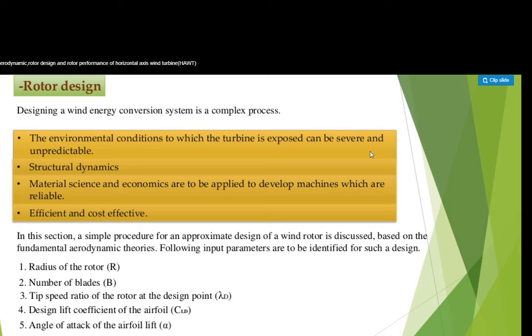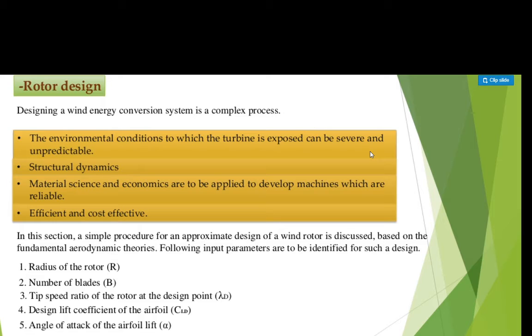Now, rotor design. The design of a wind energy conversion system is a complex process. The environmental conditions to which the turbine is exposed can be severe and unpredictable. Structural dynamics, material science, and economics are to be applied to develop machines which are reliable, efficient, and cost effective.